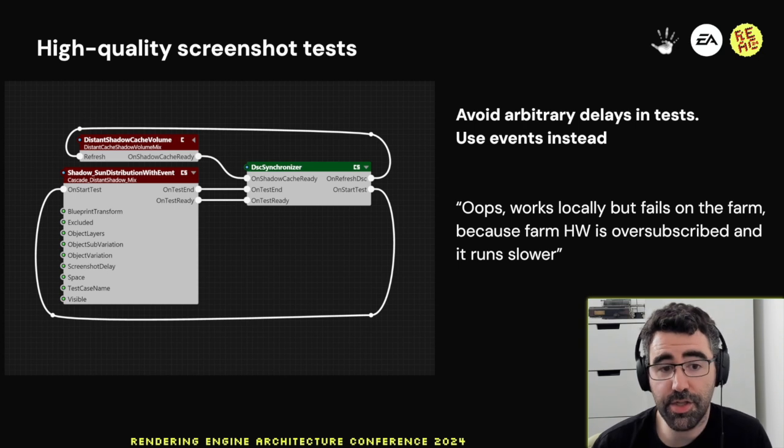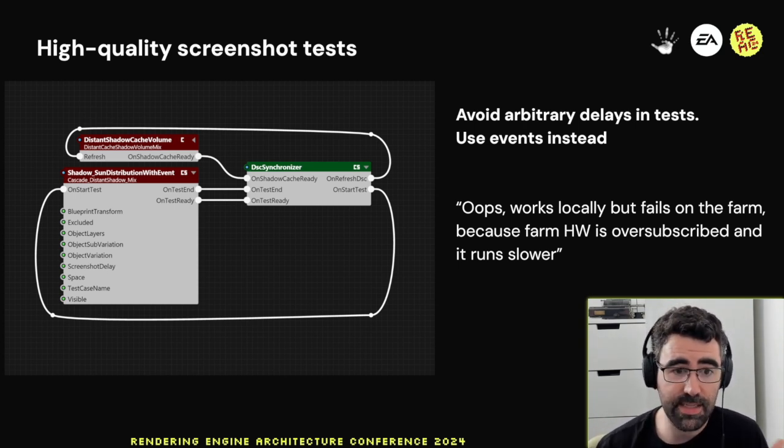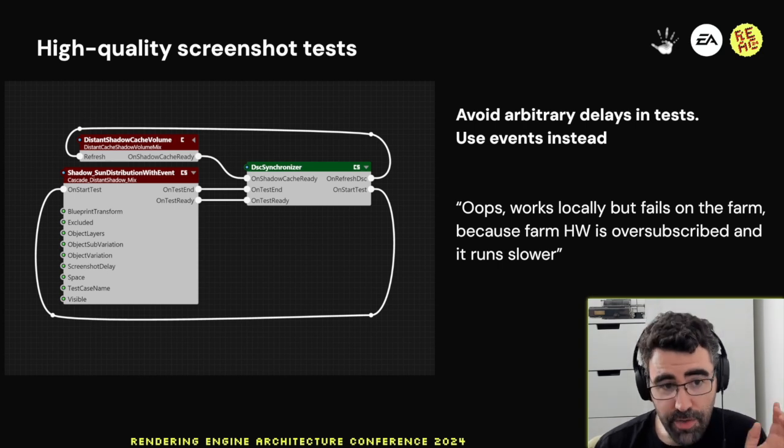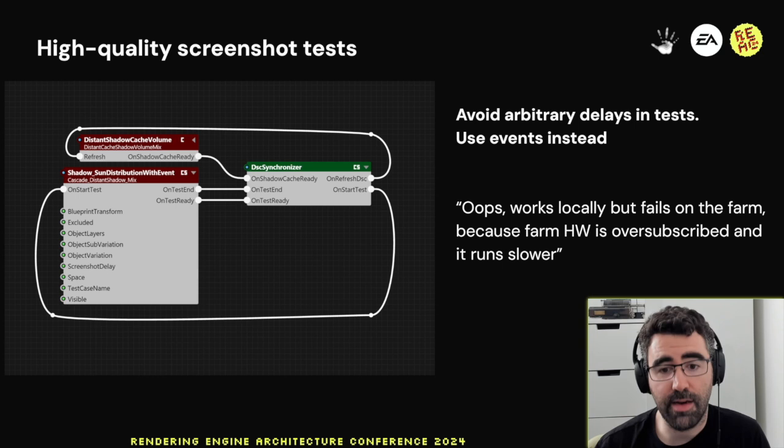And this is an issue for our farm, for example. Sometimes our farm is running multiple tests at the same time on the same machine, and that means that those tests run slower. And when that happens, tests can start failing simply because the machine is running slower than usually. But if you don't have delays, if you have everything being event-based, then you can avoid that.